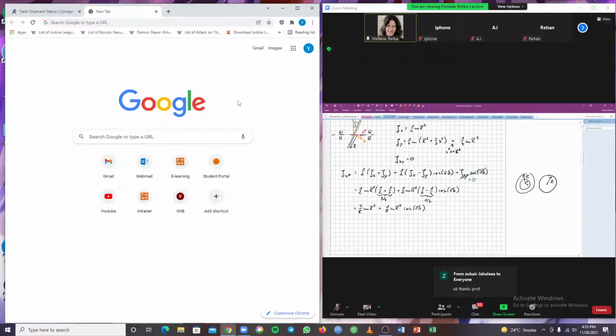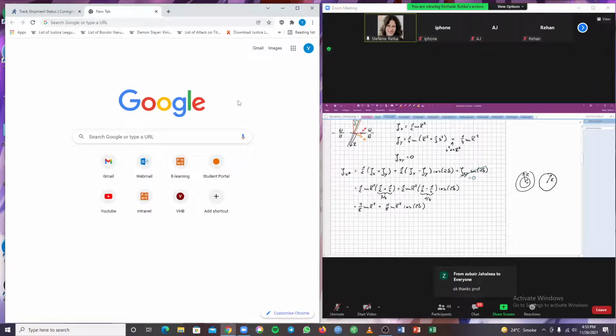Okay, we can rearrange this equation a bit more. For example, we could state that we have 1/2 m r squared times (3/4 plus 1/4 cosine of 2 delta). Then this would be equal to the mass moment of inertia with respect to the main axis.